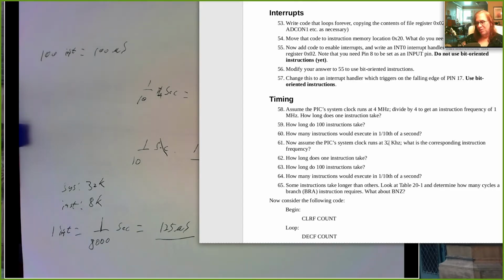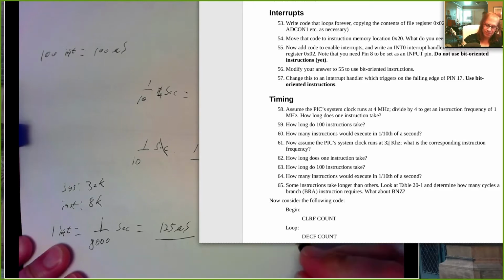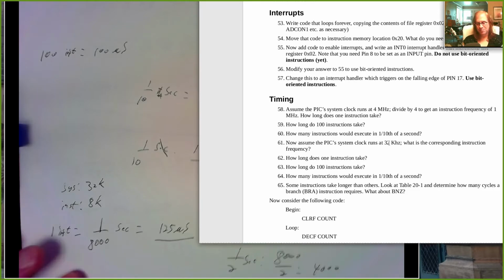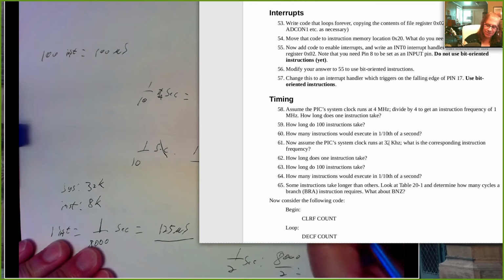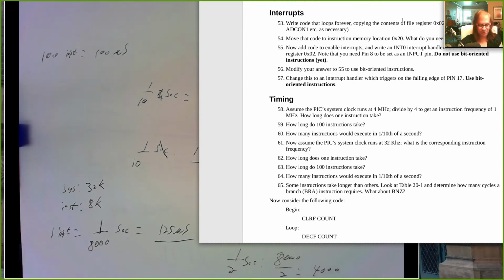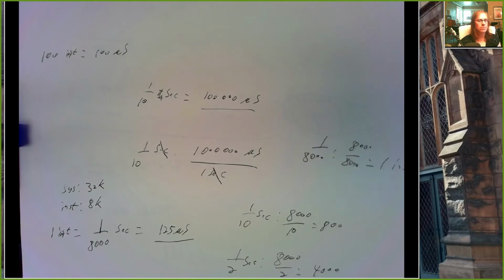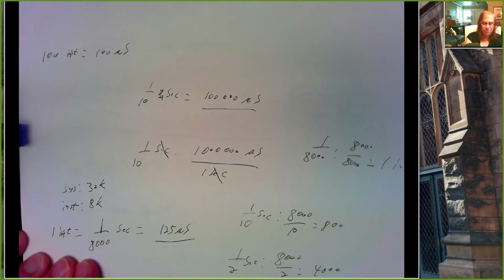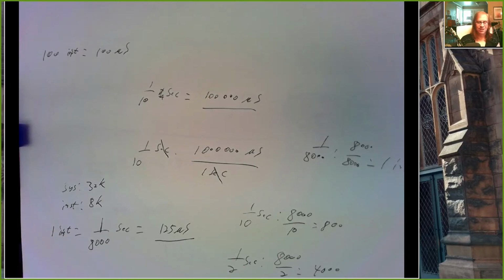Yeah, 8,000 divided by 10. If you ran for a half a second, you'd do 8,000 divided by 2, which is 4,000 instructions. If you ran for an 8,000th of a second, you do 8,000 over 8,000, which is one instruction. Which is what we already figured out. One instruction takes an 8,000th of a second.